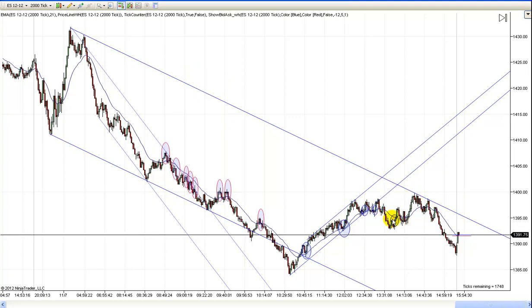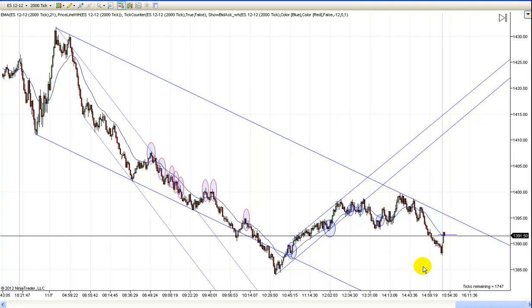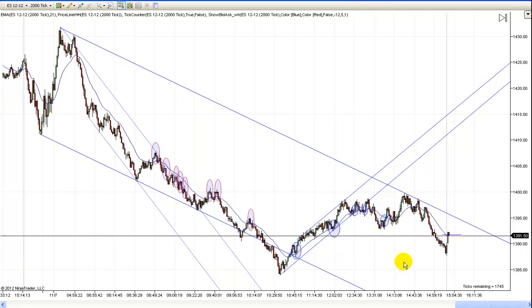I was a little surprised that we sold off this early. But that's your break of this little channel here, and then we had two legs or so up into a new high, and then it sold off again. So this was a huge move. The market just didn't like the election results, I guess, because we were up here at 1430, and the market went as low as 1384.